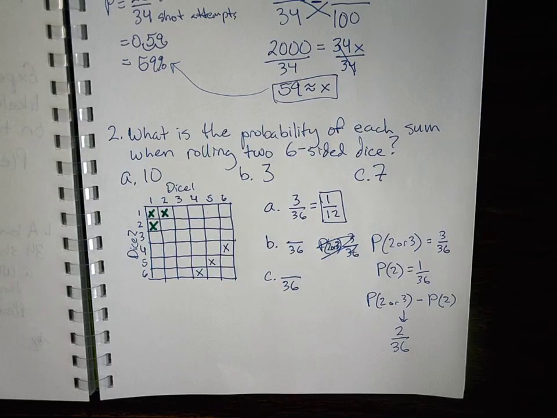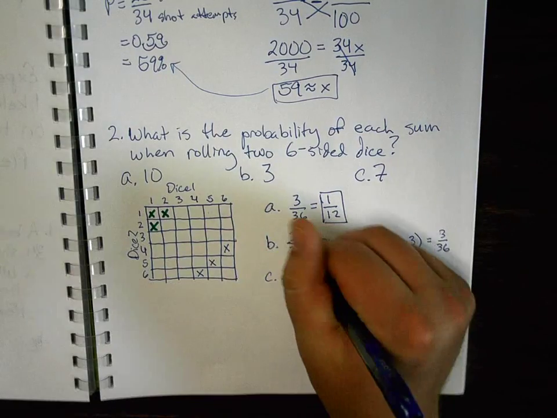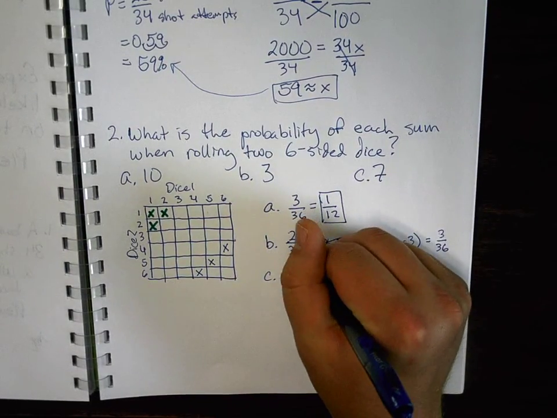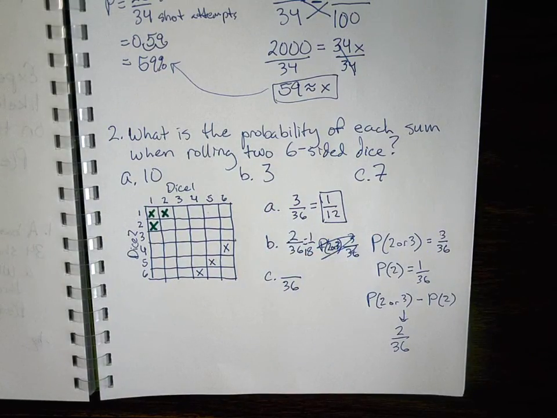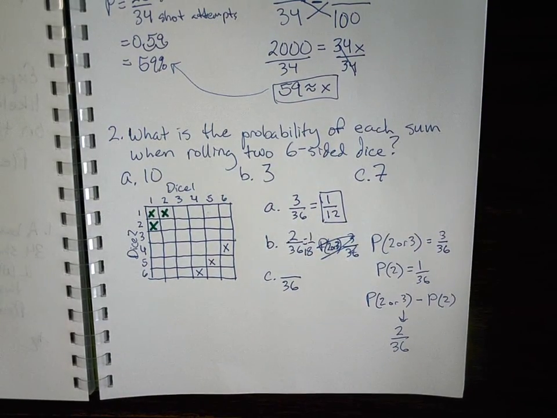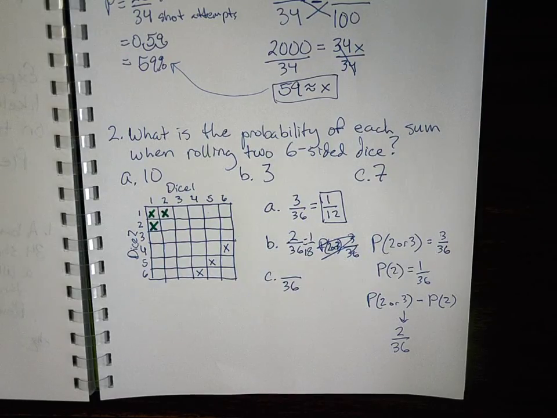So then our probability of rolling a 3 is 2 out of 36, or 1 out of 18. So in this case, when I do this chart method, it turns out that I actually have a probability of 3 out of 36, it looks like, but that's not right. So I have to get rid of the probability of rolling a 1 and a 1, which is just 1 over 36. It's just 1 square out of 36. Subtract that, and we'll have 2 out of 36.